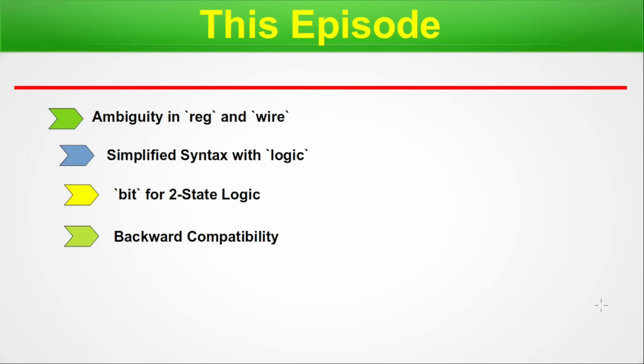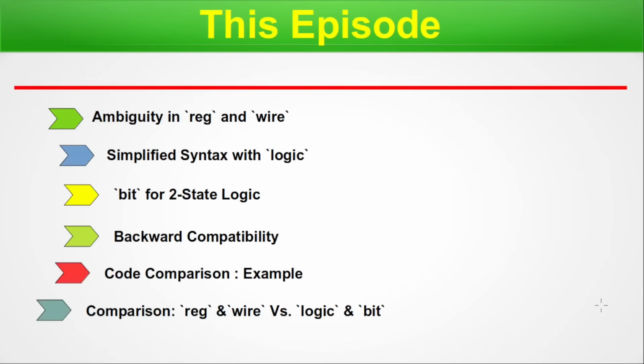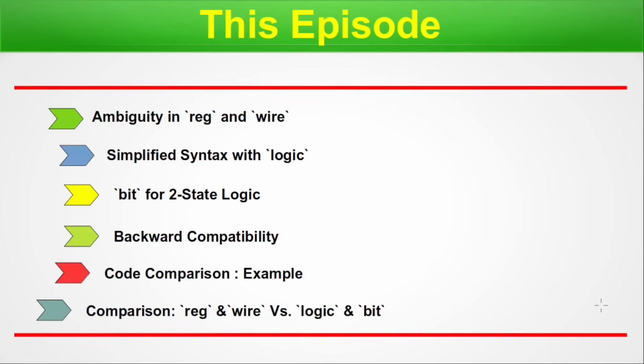We'll talk about backward compatibility, that is, logic and bit will have backward compatibility, and we'll have a code comparison between Verilog and SystemVerilog, which compares reg and wire versus logic and bit. Finally, we will compare reg and wire with logic and bit, and that's how the episode will end. Now we'll move on to the next slide to begin our episode.